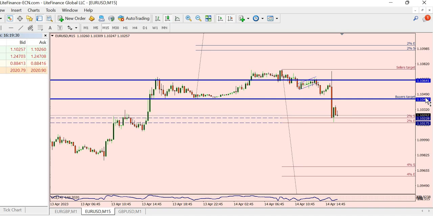The first step of the test has been finished. Now I am trading on the real account, Light Finance. As you can see, ECN of Light Finance.